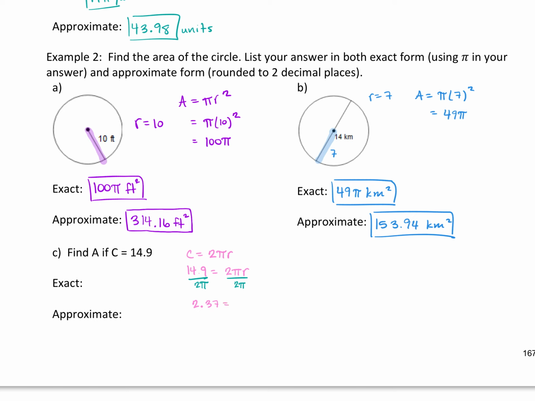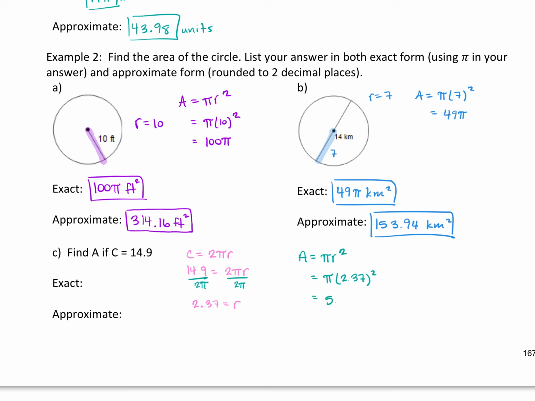2.37 for our radius. Now that we have our radius, we can use the area formula, area equals pi r squared. And this is pi, our radius is 2.37 squared. And typing that into our calculator, 2.37 squared is 5.62.